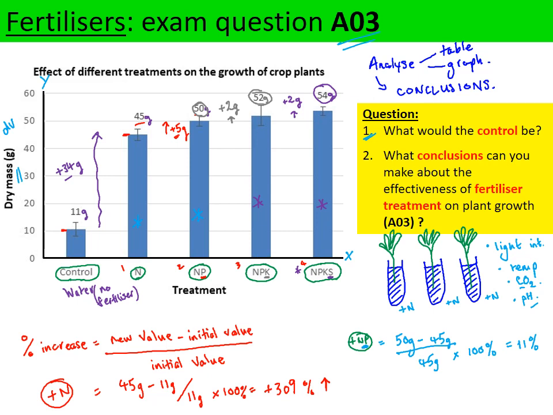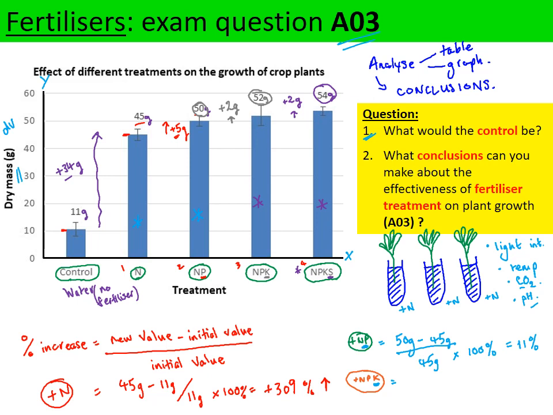Now, the next one, we're going to do N, P, and K. And here, we want to look at the effect of potassium. So we're going to compare treatment number 3 with treatment number 2, because we know treatment number 3 has potassium in it and treatment number 2 hasn't.